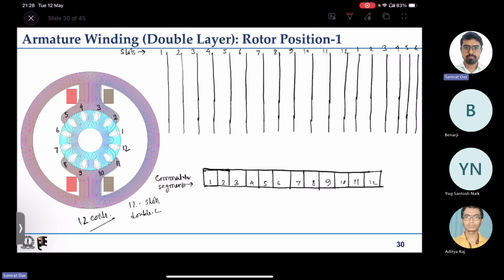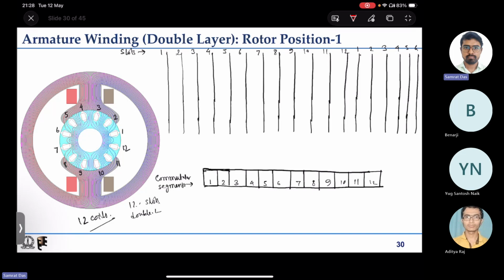So the convention is like this. If I draw a coil on the left hand side of the slot, you consider that it is the top conductor, and if it is on the right hand side, then you consider it as the bottom conductor. Once I start, it will get clearer.